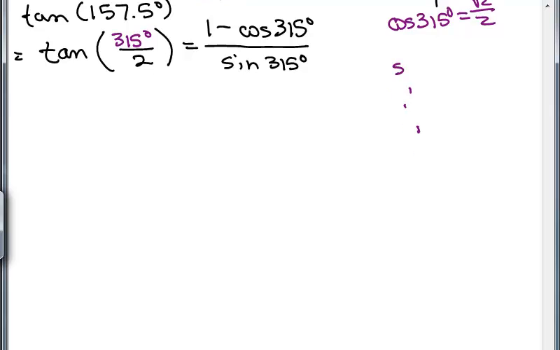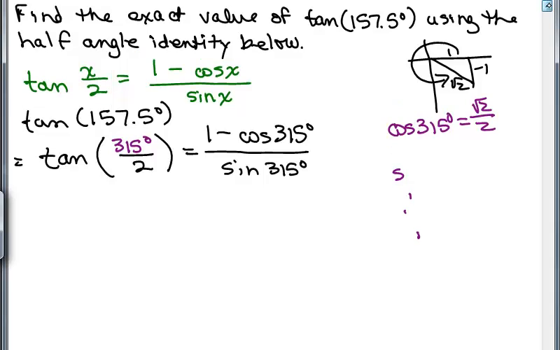And the sine of 315 degrees is negative square root of 2 over 2.